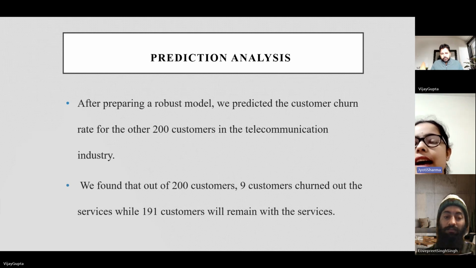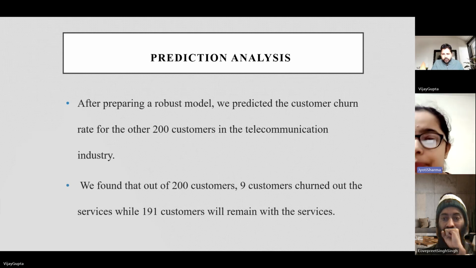After doing all these evaluations discussed by my group mates, we can predict the customer churn rate for the other 200 customers in the telecommunication industry. Moreover, we are also able to find that 9 customers churned out of the service, while 191 customers will remain with the service out of 200 customers.